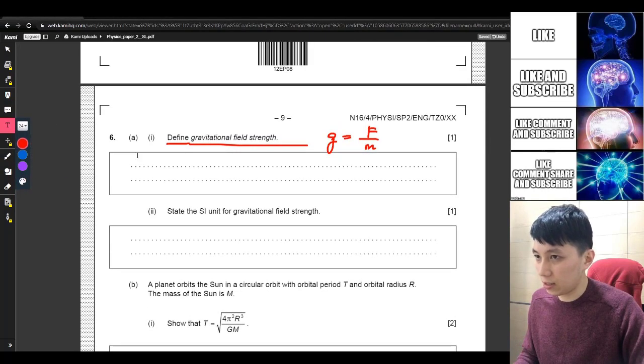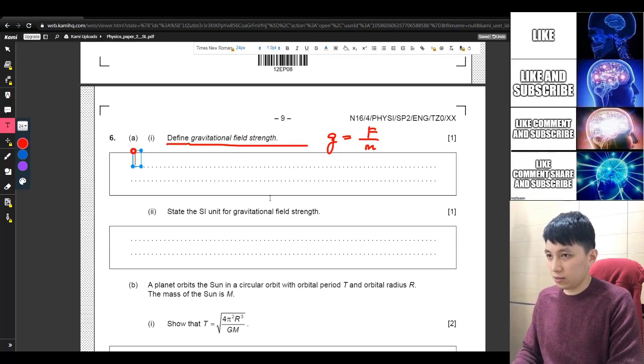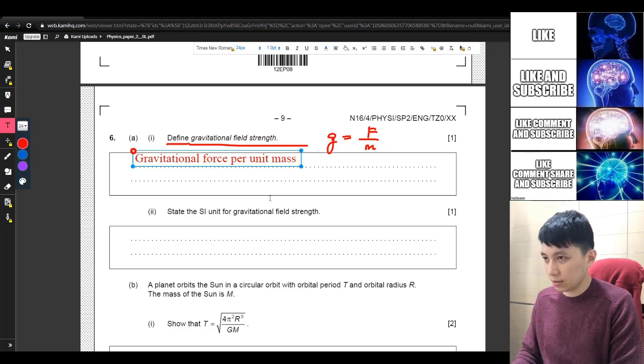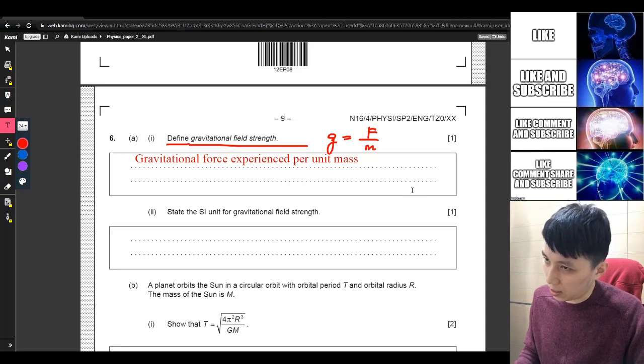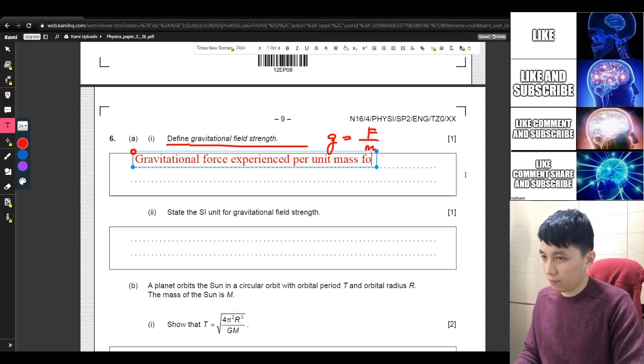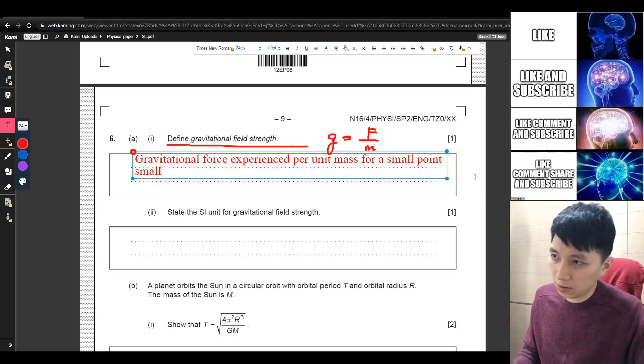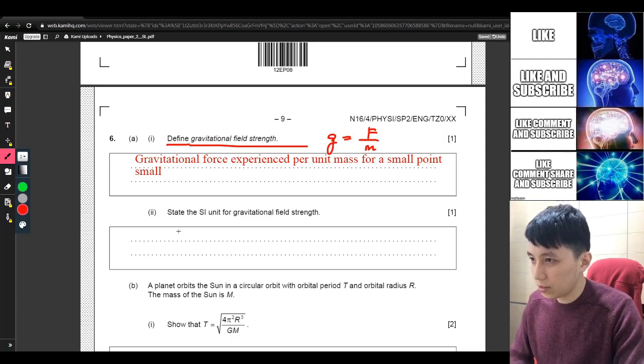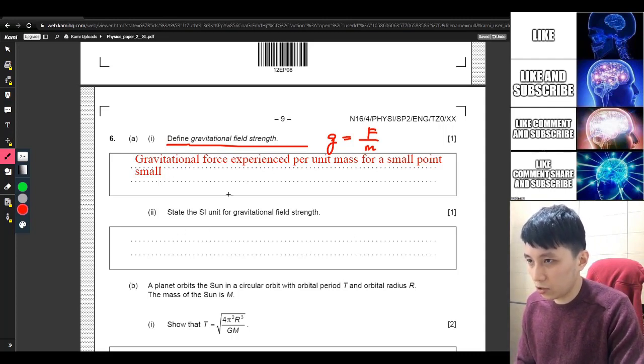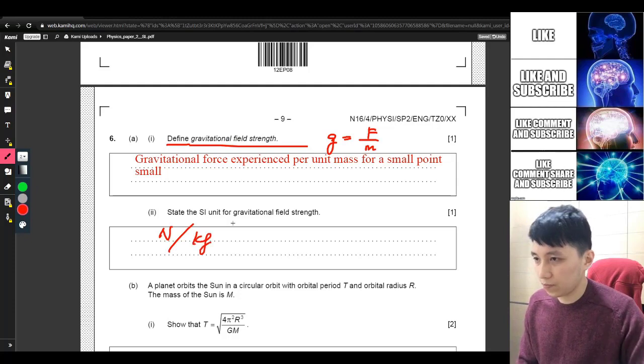So you can say this is, more precisely, gravitational force per unit mass experienced per unit mass, basically for a small point mass. I think that's all I can say. State the SI unit. So obviously that is newton per kg. Very simple.